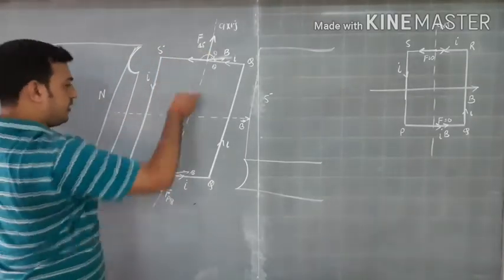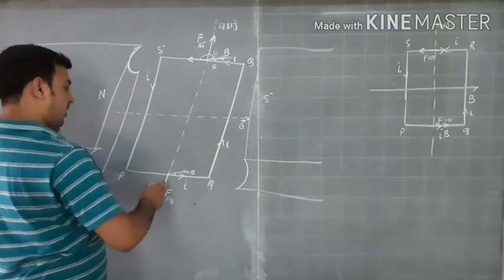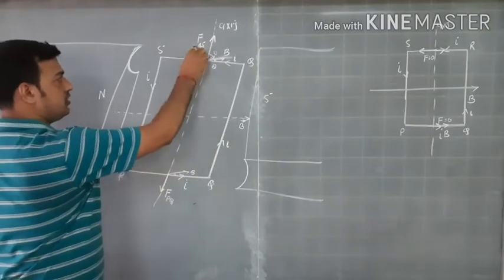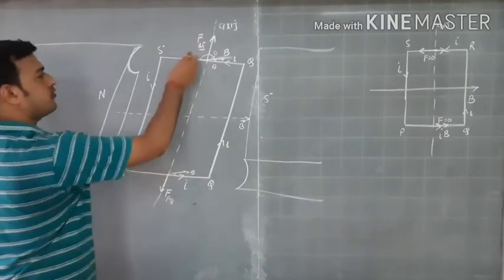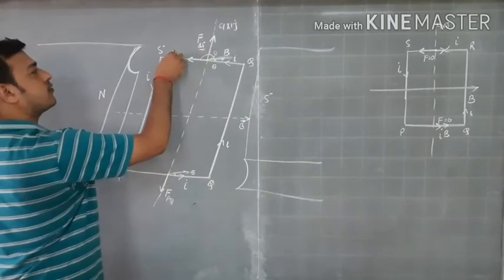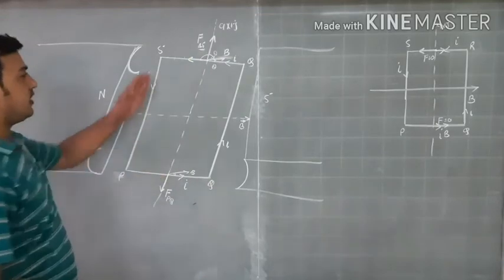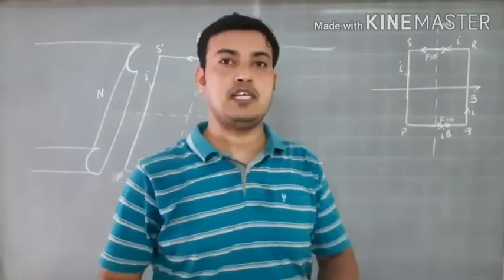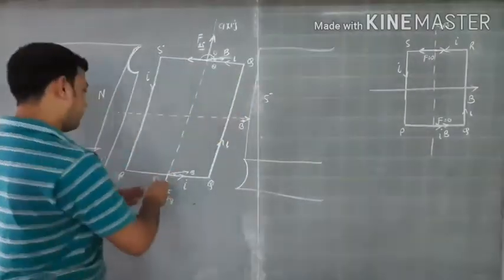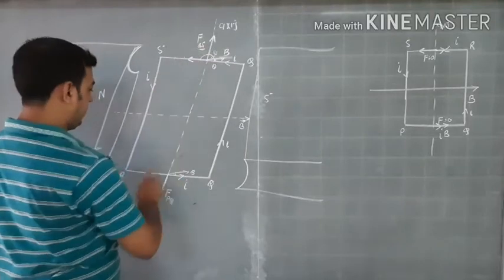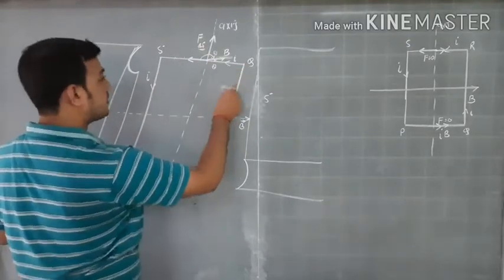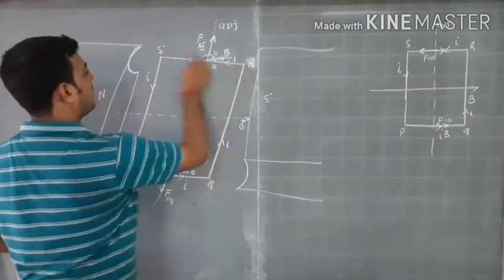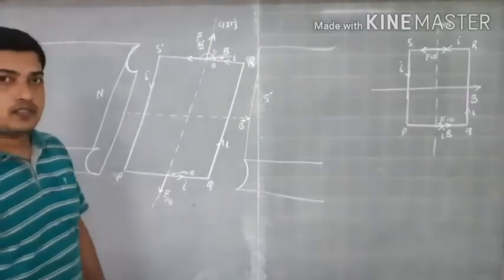So this is the line, both forces are equal and opposite, so the net of these two forces will be 0. For the small arm here as well, those forces will act equal and opposite and along the same line. That's why the sum of the forces that act on PQ and RS will be 0.